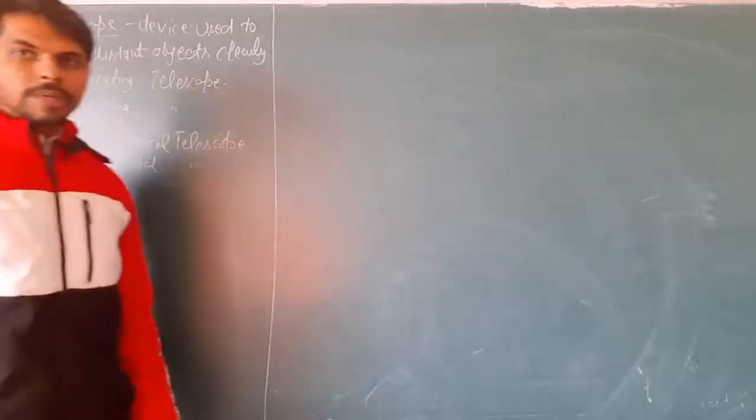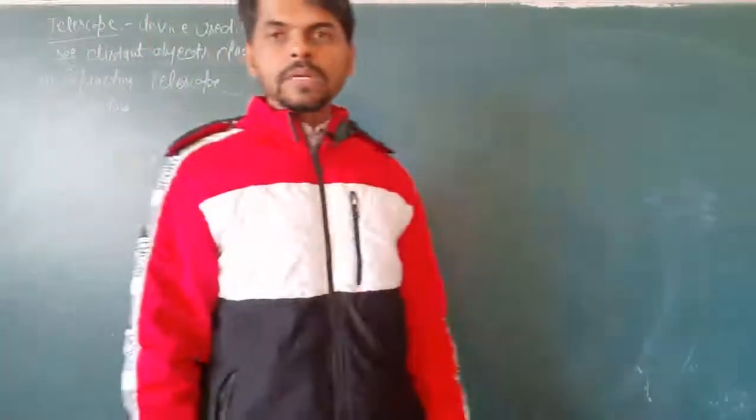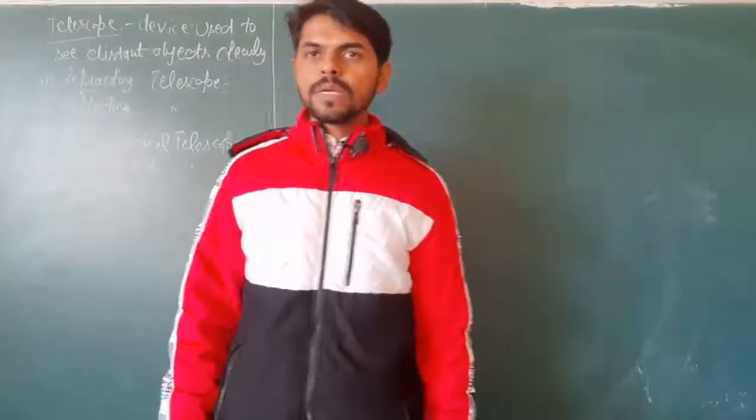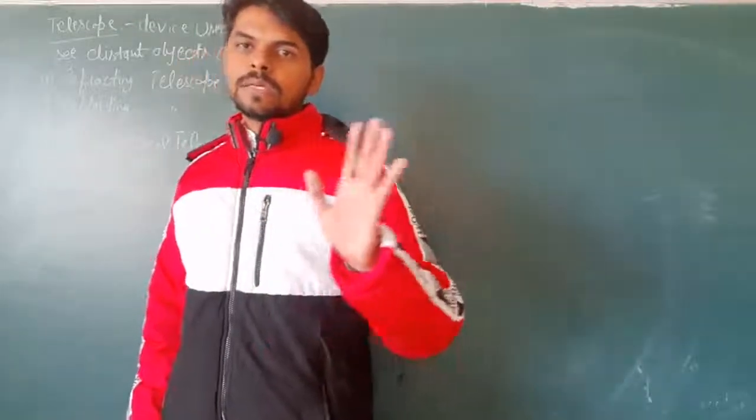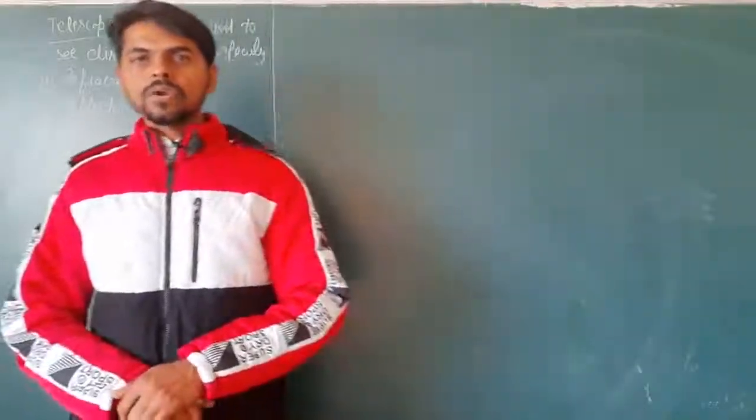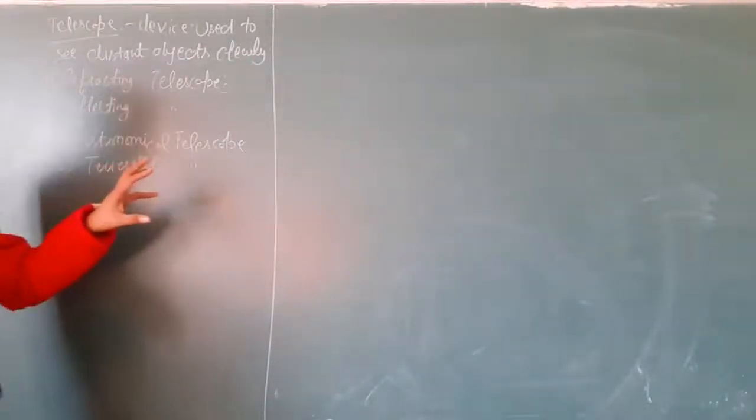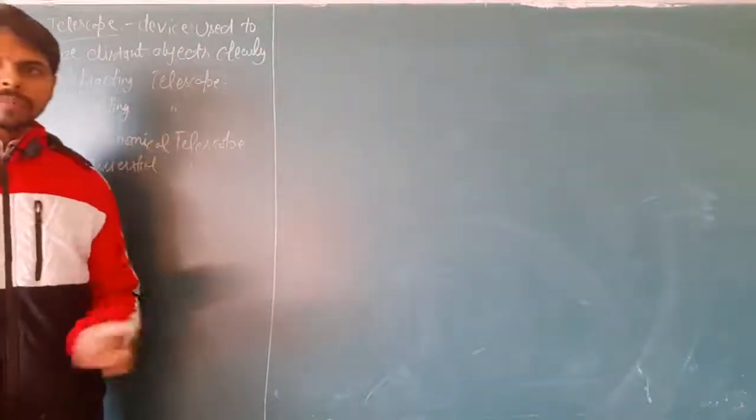So what is an astronomical telescope? As the name suggests, it is related to space, so objects in space, outside the earth, can be viewed using an astronomical telescope.